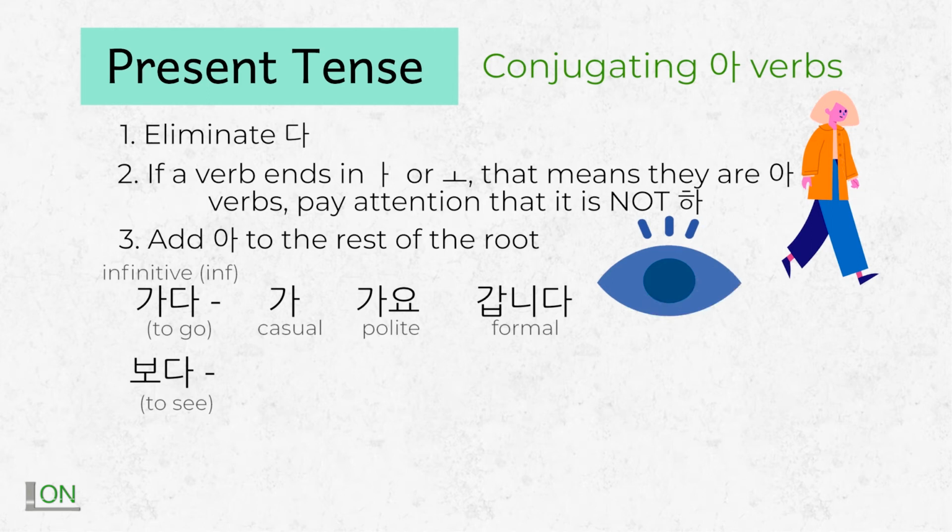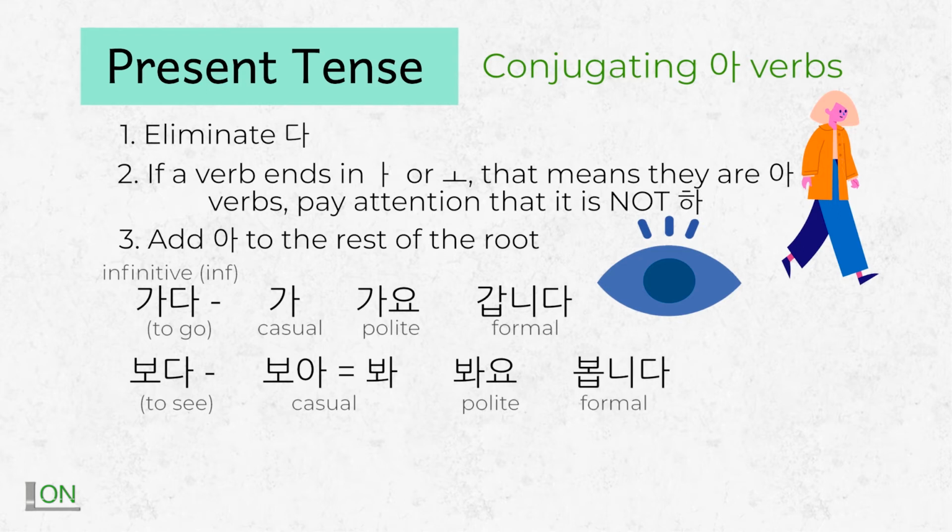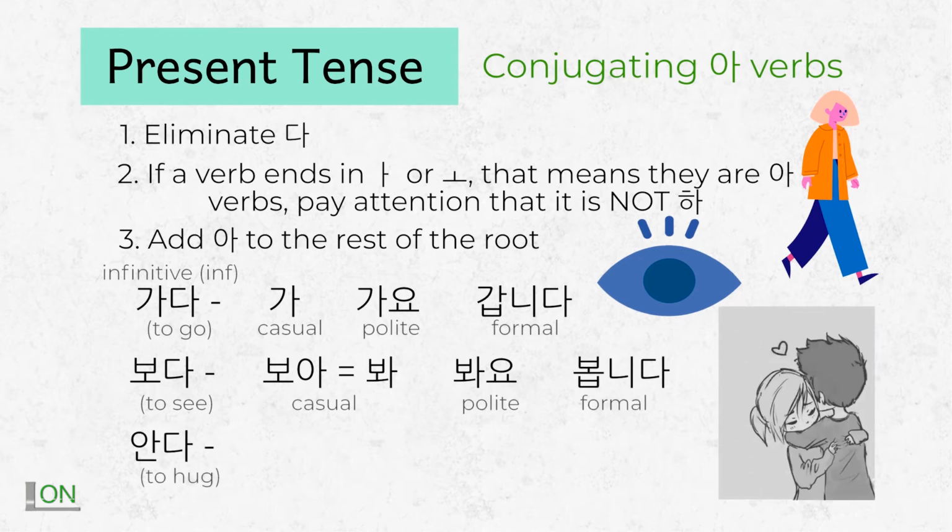We eliminate 다, we add a, and it's gonna be 보아. But we don't say it like that because o and a, they merge into a diphthong. So it's gonna be 봐. It's casual. Polite will be 봐요, formal 봅니다. Next example is 안다, to hug. Casual will be 안아, polite 안아요, and formal 안습니다.